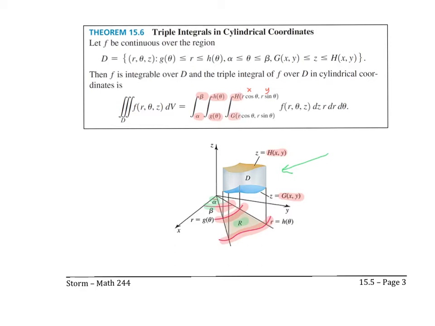So typically what we do is we have the inner as z, the next as r, and the last as our theta. But remember, cylindrical is just polar with height. So we also need that r in there. It's like the r d theta, but now we're adding our dz.